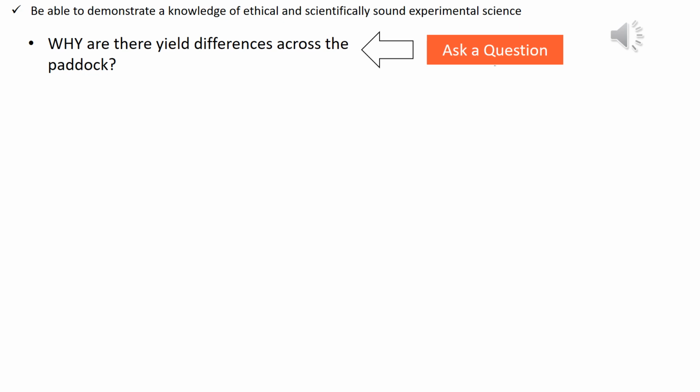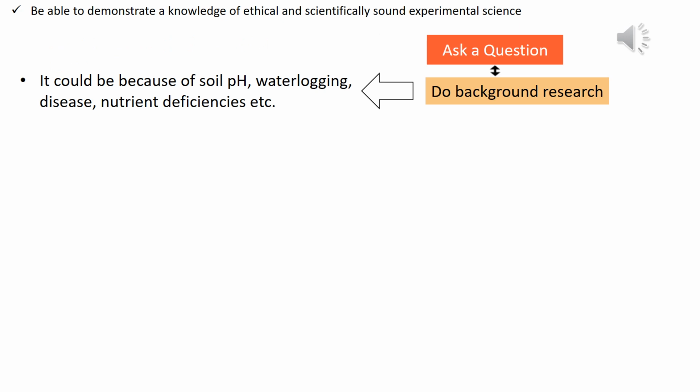In this example, that might be, why are there yield differences across the paddock? Or we could be more specific and ask, what is causing the low yields in the paddock? Step two is to do some background research by getting in and looking at the paddock and looking at our site, by reading, talking to others, or looking up information on the internet.